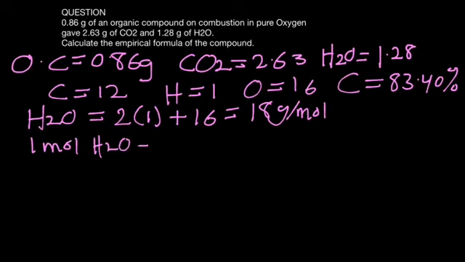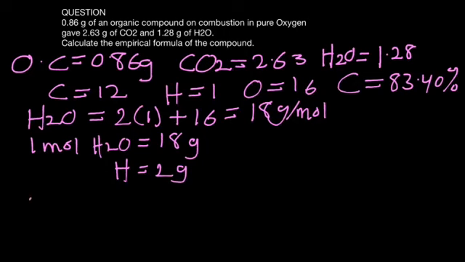Now in this 18 grams, hydrogen is contributing 2 grams. Okay, if hydrogen is contributing 2 grams, let's go ahead and find how much of the mass of hydrogen will be in the organic compound.